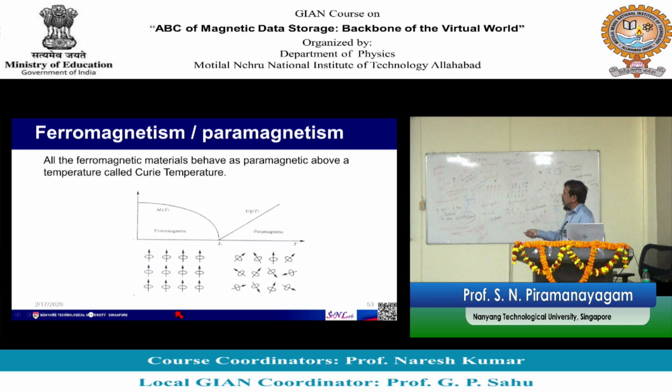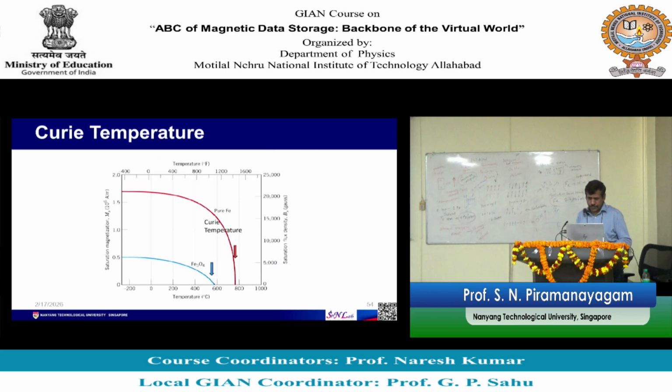So, this temperature is called Curie temperature. So, you can also see the difference, right. Below Curie temperature, the neighboring magnetic moments are aligned parallel to each other, but above Curie temperature the spins are random and they are fluctuating as a function of time. So, different materials have different Curie temperature.